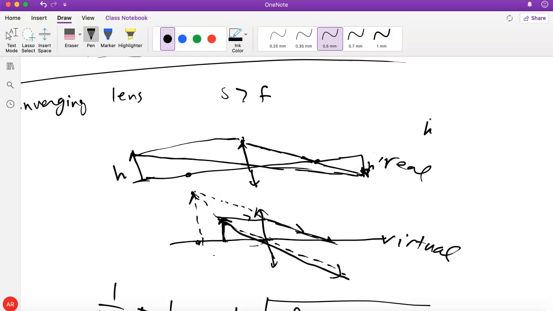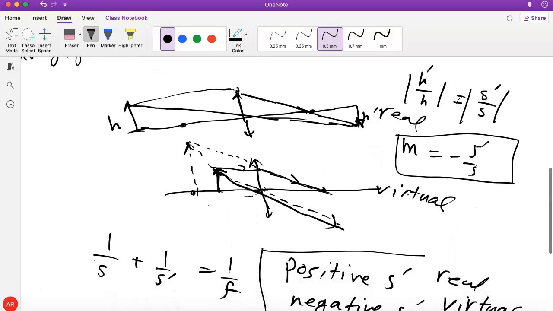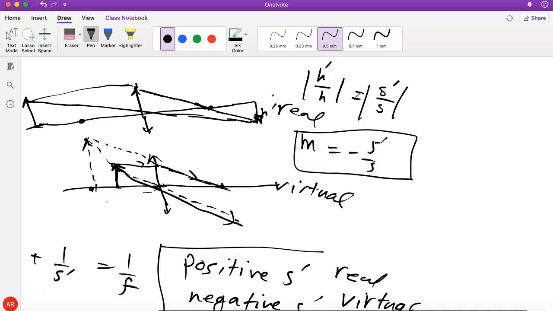We found that if you don't worry about the signs, h prime over h is s prime over s. Now, in this case, where s prime and s are negative numbers, if we define m to be minus s prime over s, m becomes a negative number. So not only does it tell you what the size is, that negative sign indicates that it's inverted.